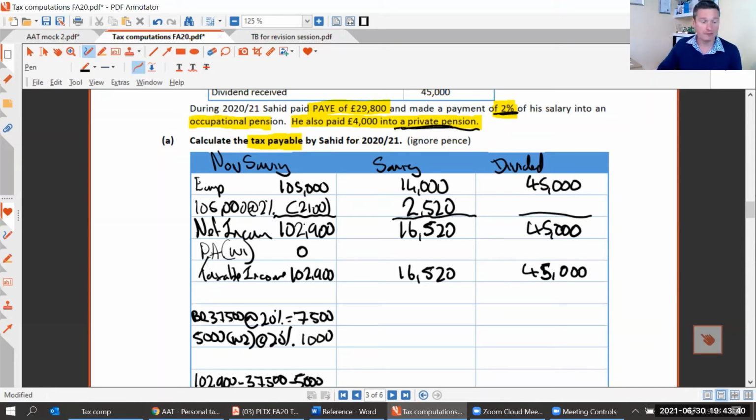Does everyone know clearly what I'm getting at there? What dictates if you're a higher rate taxpayer or an additional rate taxpayer is not actually your level of income, but if you actually pay tax at that rate. So we could actually have income all the way up to £155,000 and they would still get this £500 savings allowance because they've not paid tax at the additional rate.